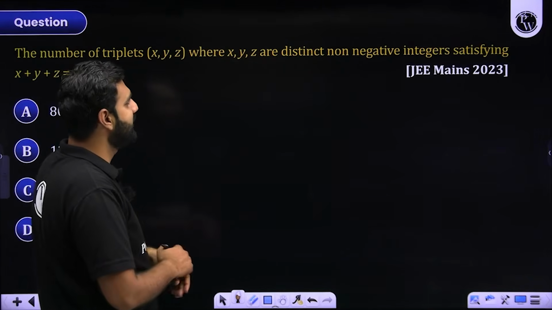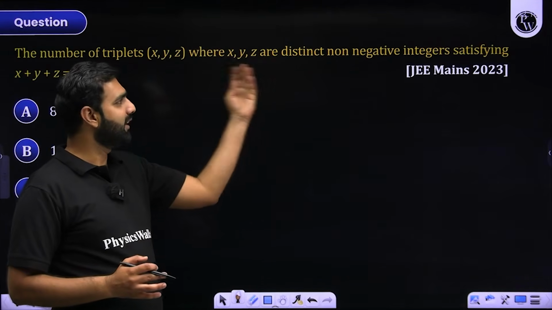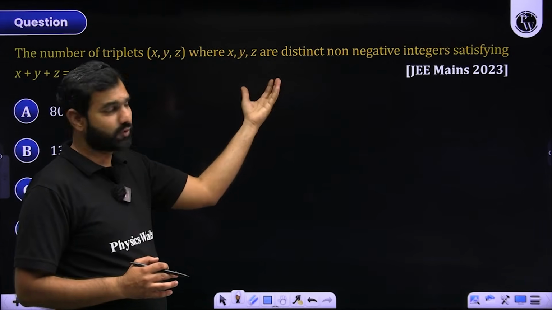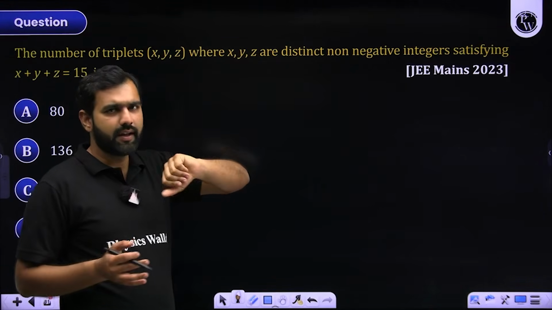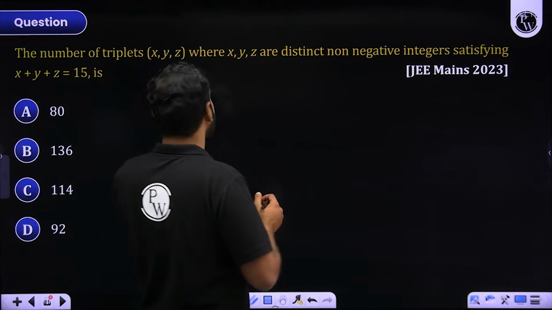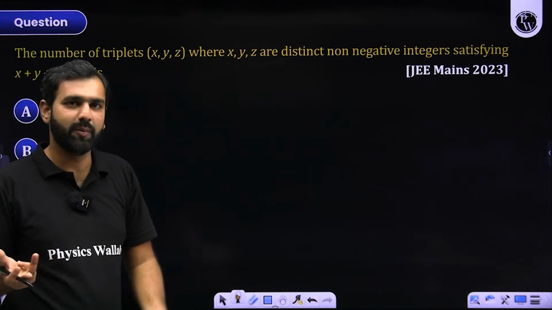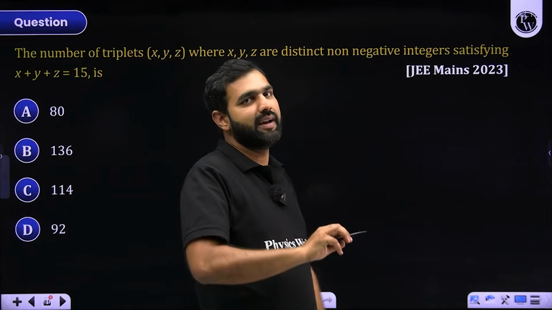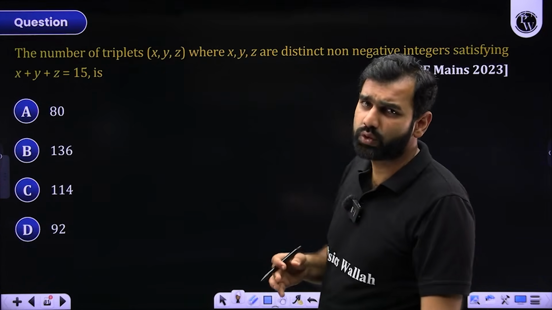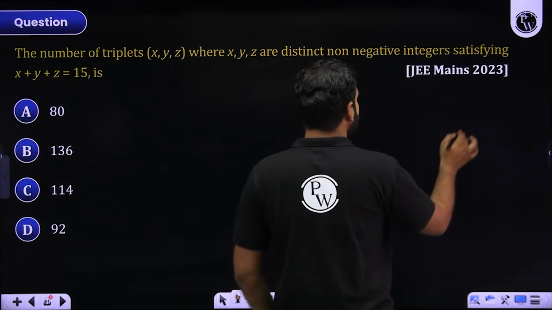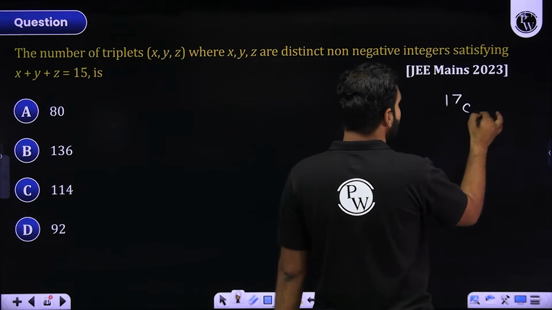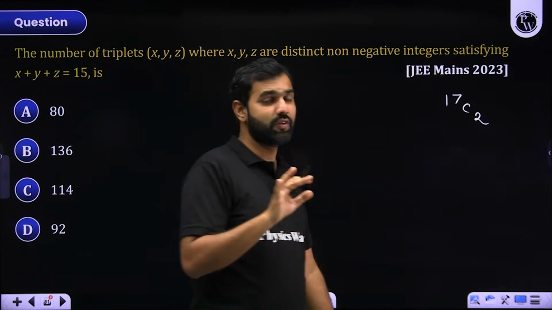First of all, if that condition of keeping them distinct was not there, the answer would have been simple: 15 identical objects distributed among 3. So 15 plus 3 minus 1, which is 18 minus 1, 17C3 minus 1, which is 2. So if that condition was not there, my answer would have been 17C2. I hope you remember it, if there is no constraint.